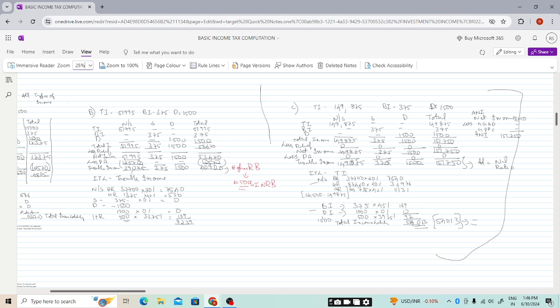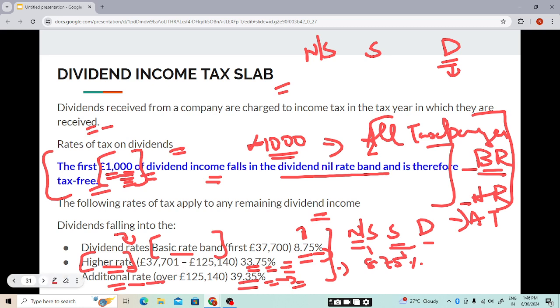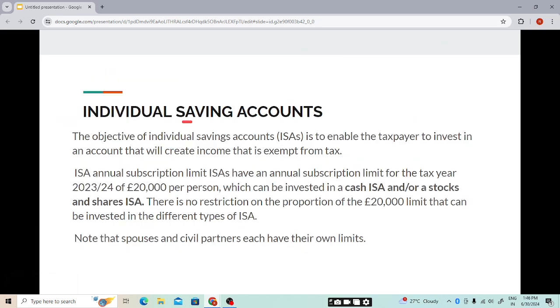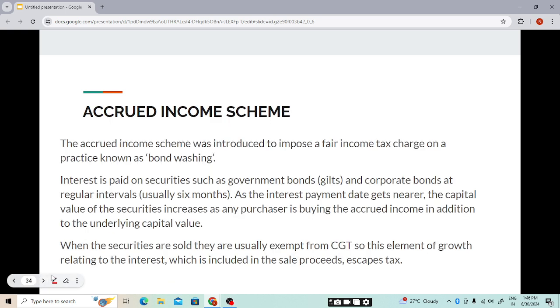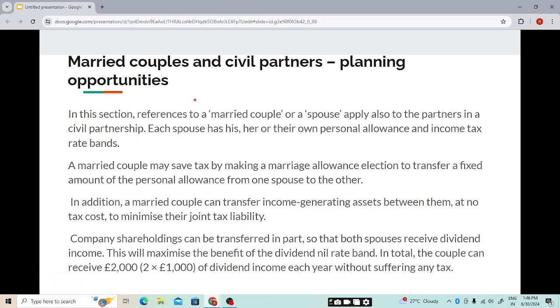So do not get confused with this. As the class has got too long, I will be ending today's session here. In the next class we'll be covering individual savings accounts, further rules and theory, the accrued income scheme, married couples and tax partners, and tax planning opportunities.